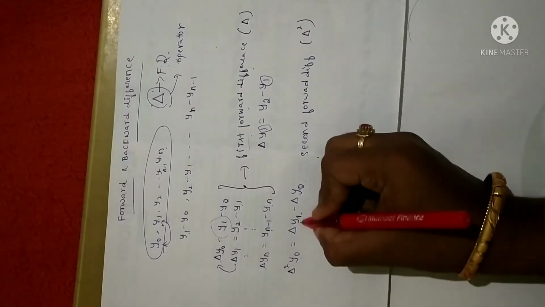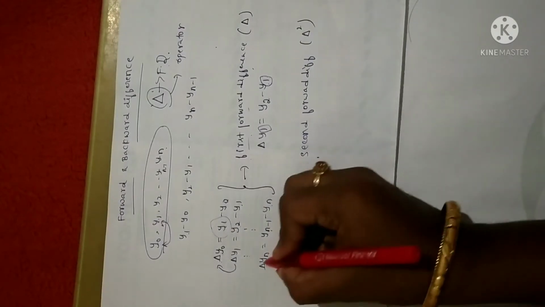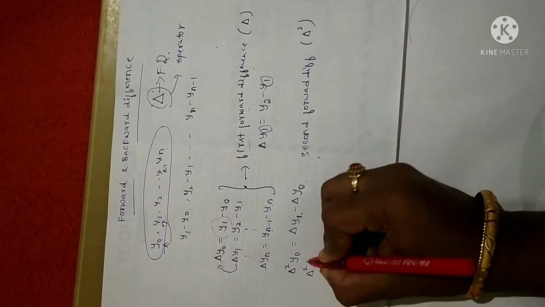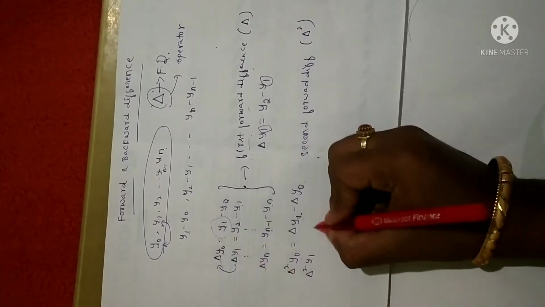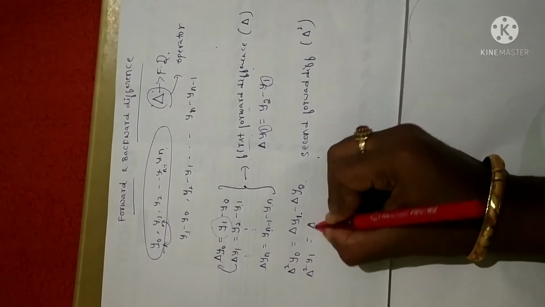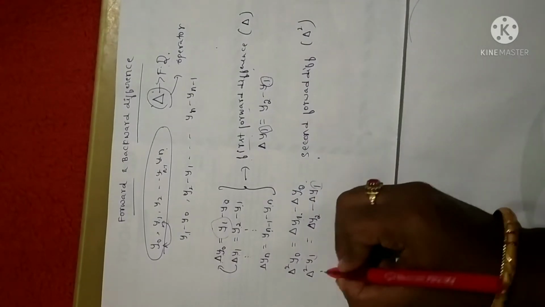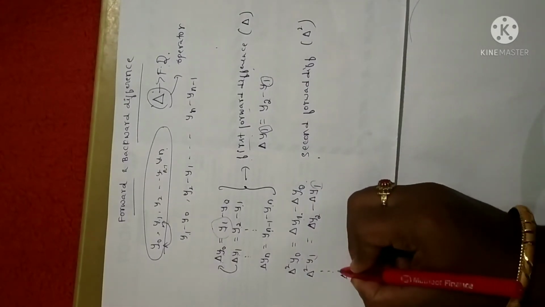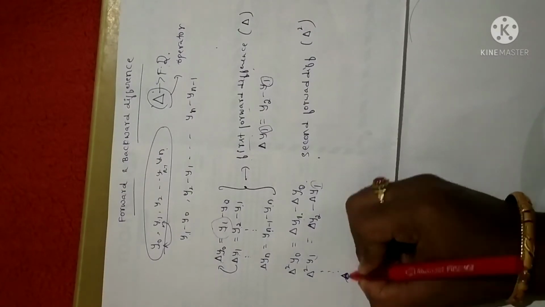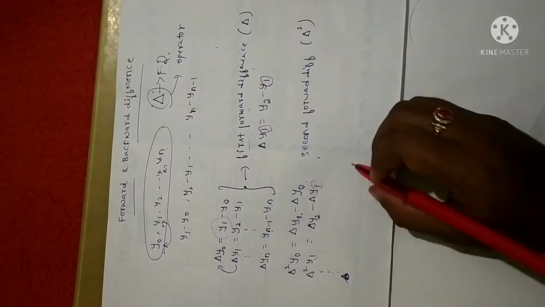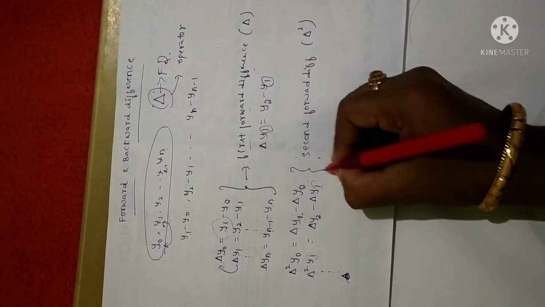So delta square y0 is delta y1 minus delta y0. Similarly, delta square y1 is delta y2 minus delta y1. So these two suffixes should be the same. If you continue the same procedure, you will get the last term. Anyhow, no need to remember that. You just remember these two terms. So this is called the second forward difference.